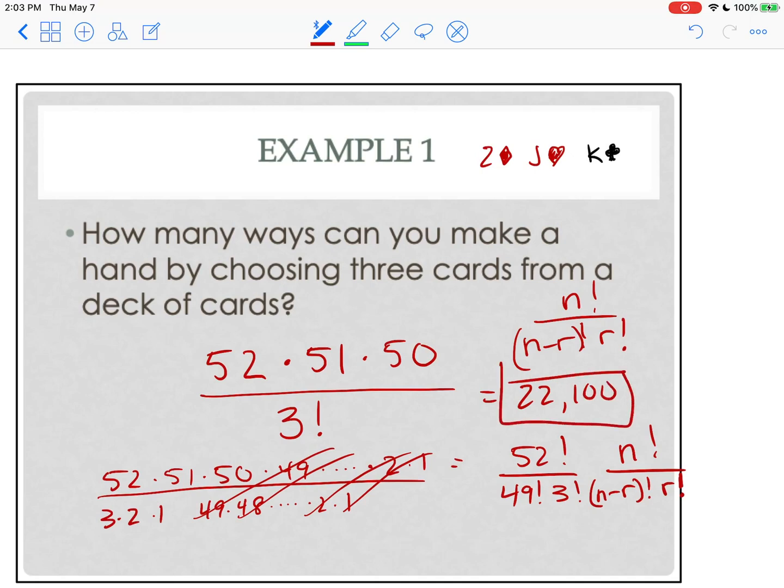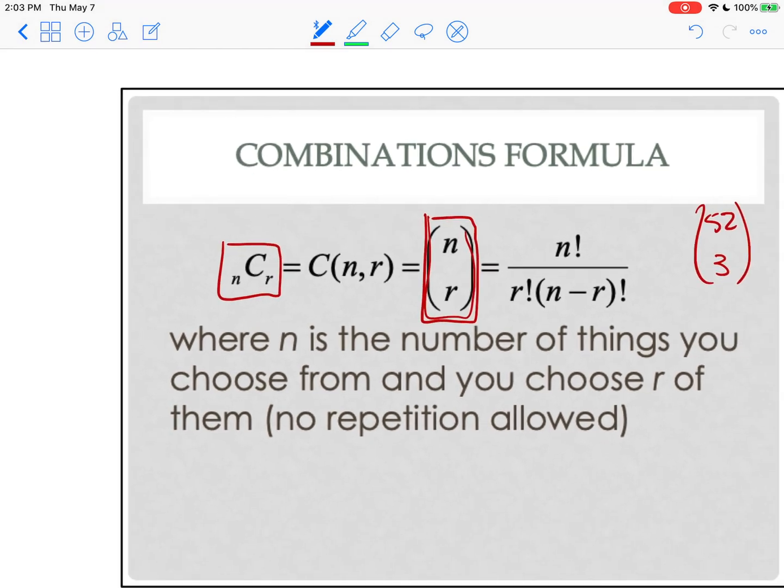There's 22,100 different hands that you can make just by choosing 3 cards from a deck of cards. If I chose 5, if we talk about a standard hand of poker, 5 cards, that's 2,598,960.